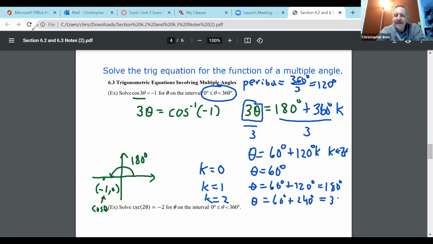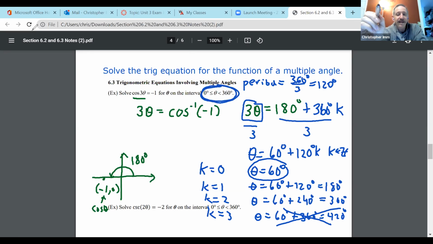And when I plug in 3, I get 60 plus, let's see, 3 times 120 is 360, so I get 420. But 420 is too much, and it corresponds to 60 here. So those are the same angles, they're coterminal. So I don't have this one because I'm just looking for the ones here.